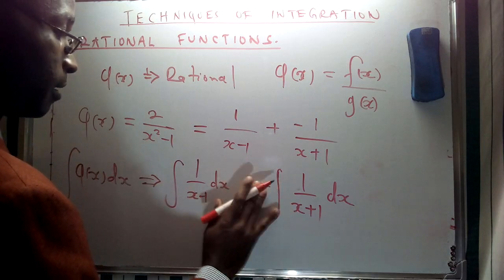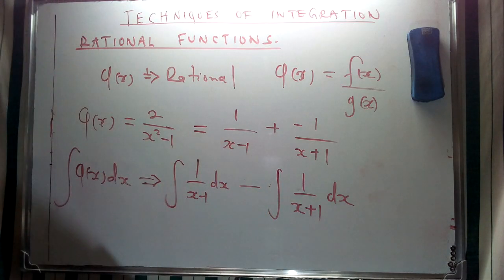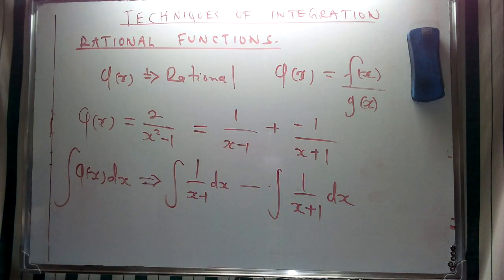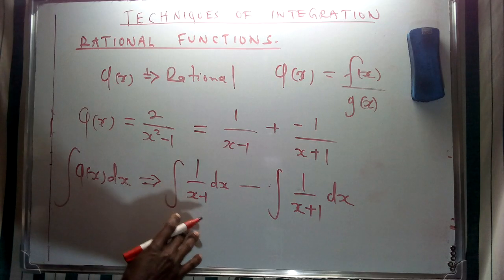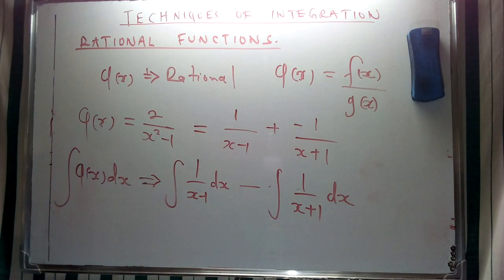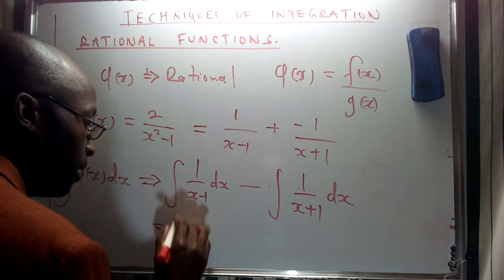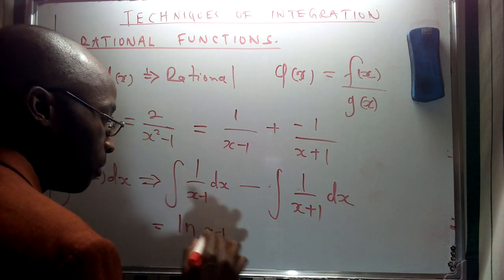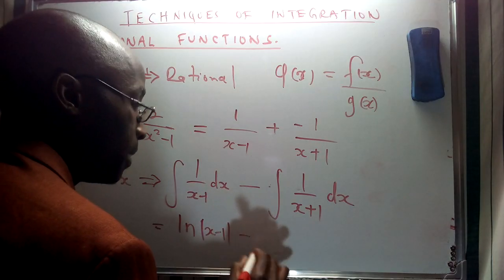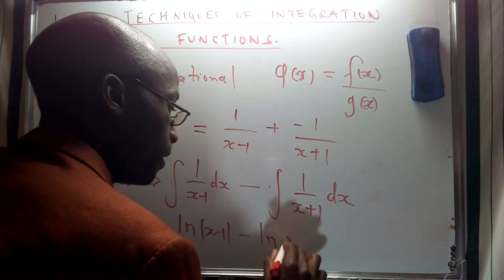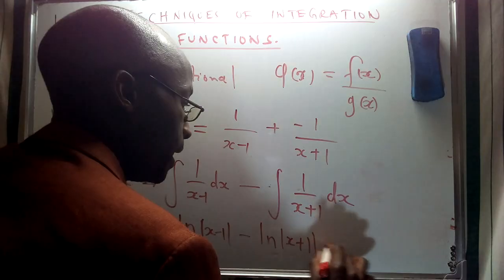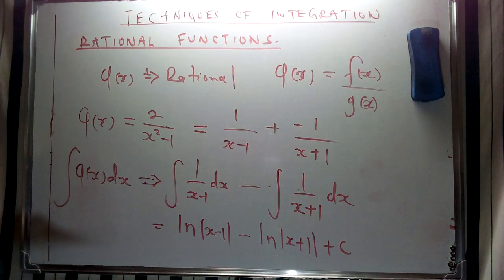From this, of course, we can apply the logarithmic rule for integration of functions, whereby we're going to have the natural log of x minus 1, and then minus the natural log of x plus 1, and then plus c given as such.